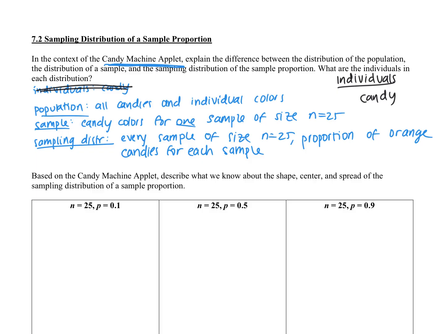So every candy is an individual. In the sample, same thing. Every candy is an individual. In the sampling distribution, though, in our dot plot, every dot is a p hat. And p hat represents sample proportion.